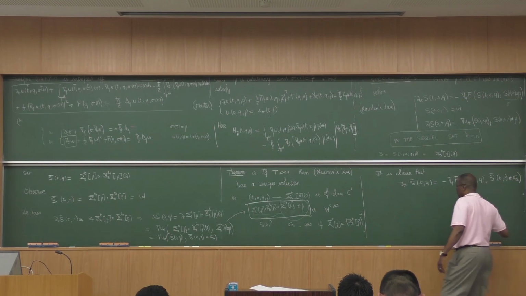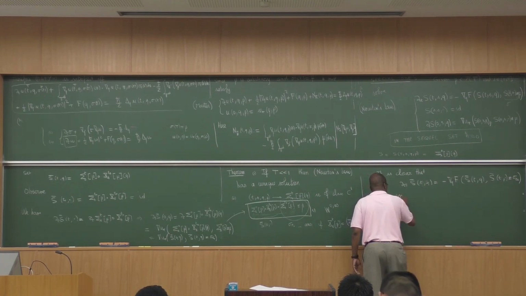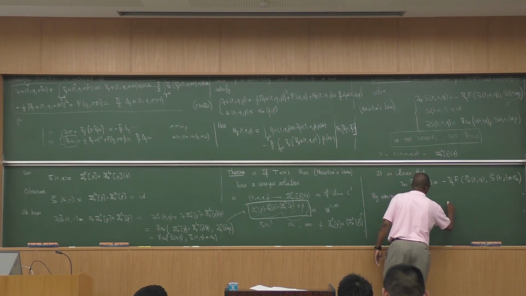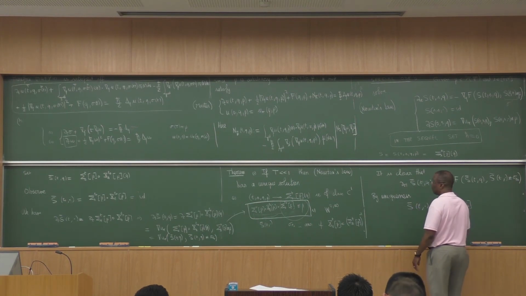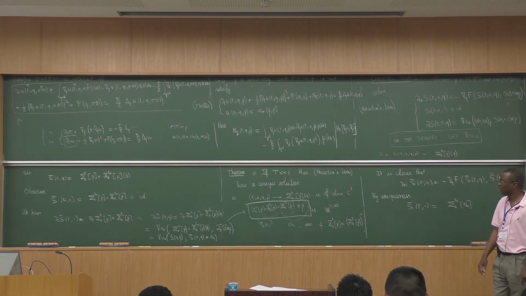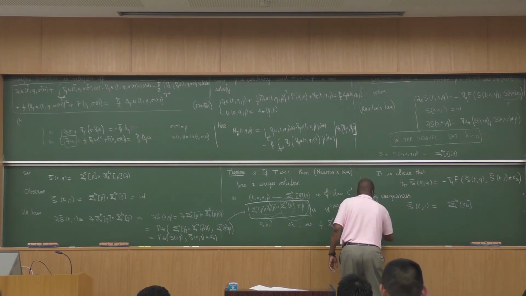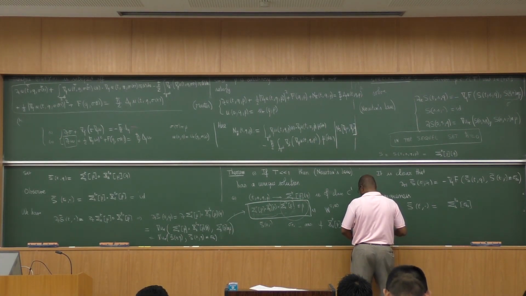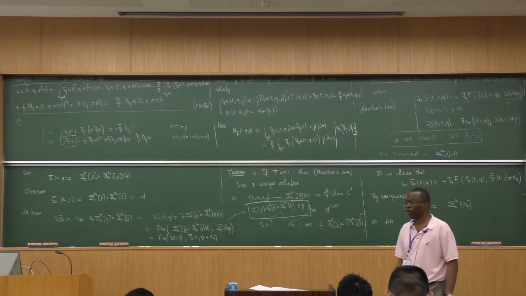By uniqueness, S bar T equals sigma S T naught, sigma T naught. I will come back to the proof of 2I next time.